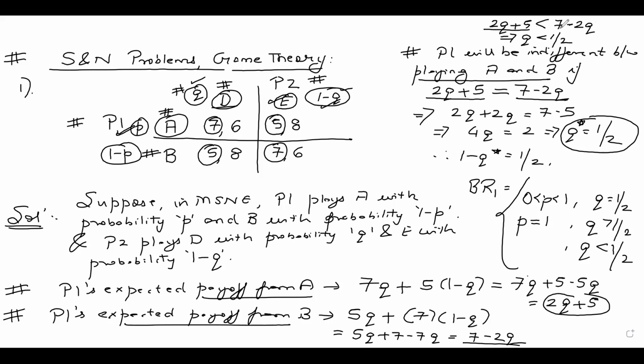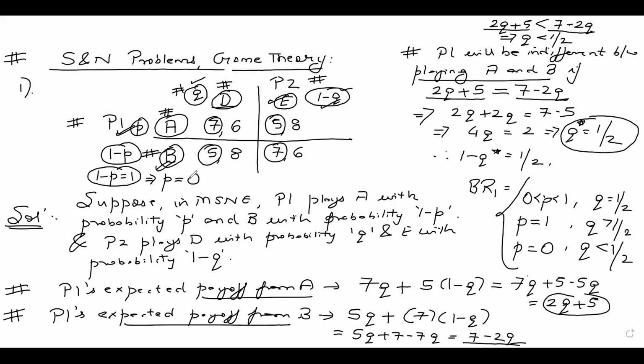And if expected payoff from A is less than expected payoff from B, player one is going to play B for sure. When player one is going to play B for sure, it means 1 minus P is equal to 1. If 1 minus P is equal to 1, it implies P is equal to 0. So this is our best response function for player one.